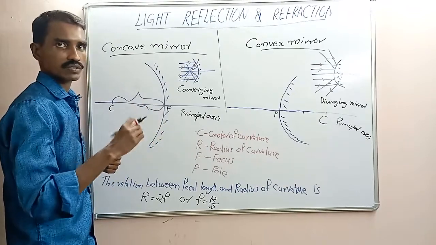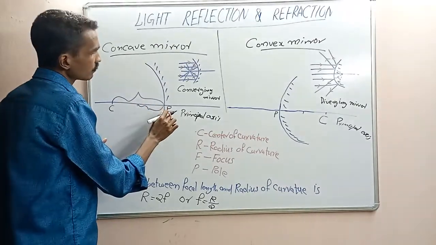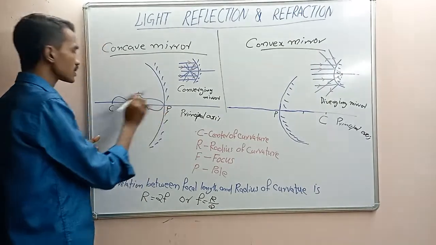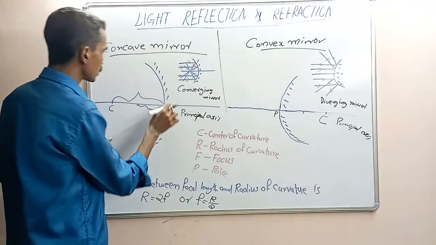How we discuss in the next class, the sign convention. During sign convention, we measure the distance from the pole to the center of curvature.